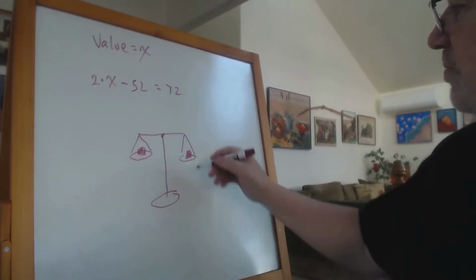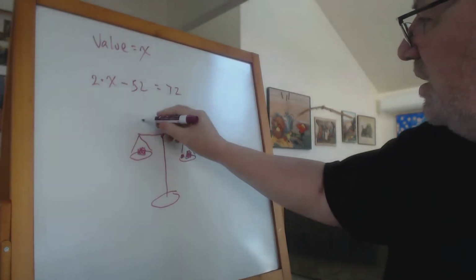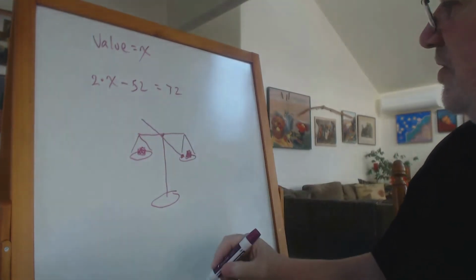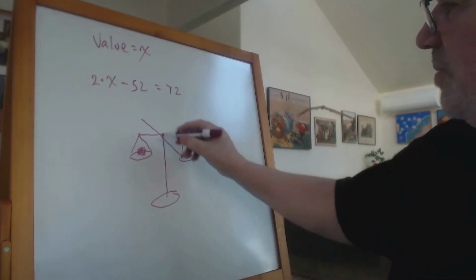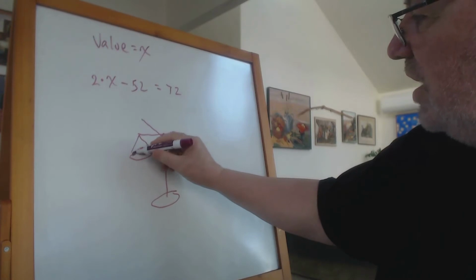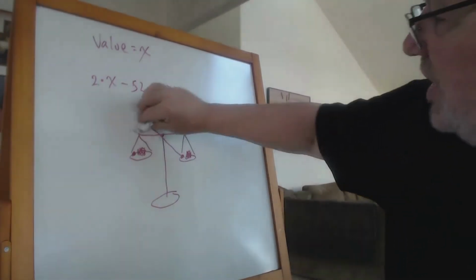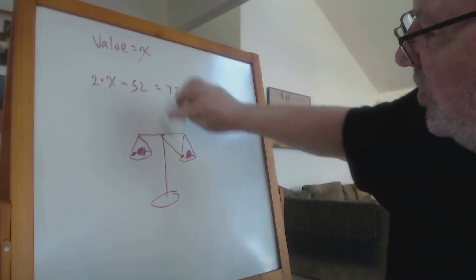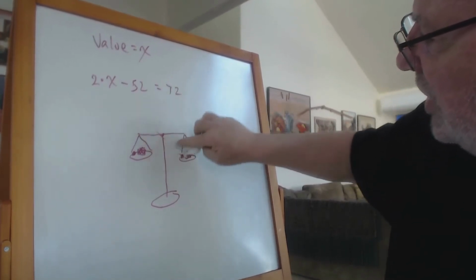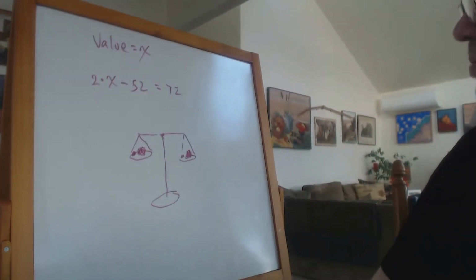But if we add more to the one side, then the balance tips. So to keep the balance flat, whatever we add to one side, we have to add to the other. That's the key rule in an algebraic equation.